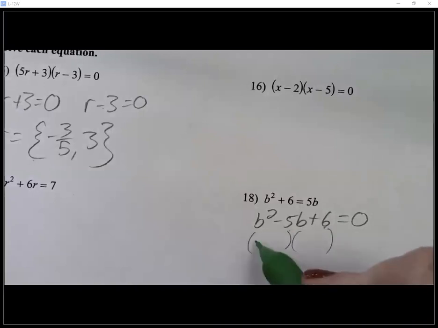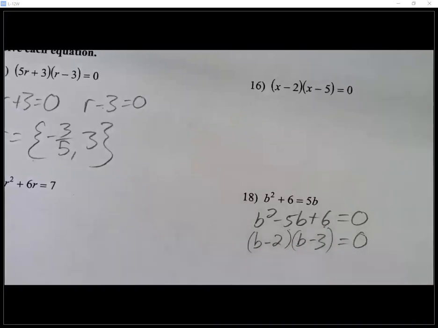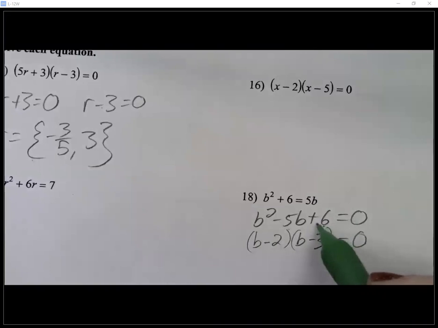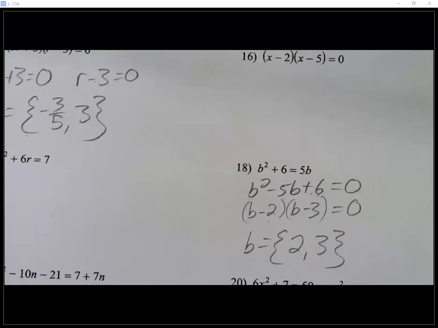A -2 and a -3. Remember this? It's been a while. Double check that you didn't have a -6 and a +1, because those multiply to be a -6. You wanted a +6, so it's got to be these two, which means my two answers are +2 and +3.